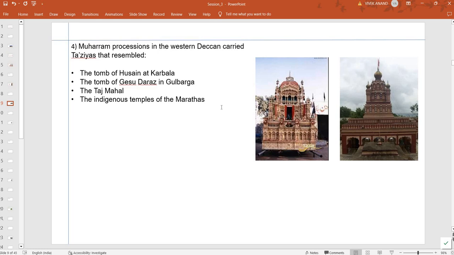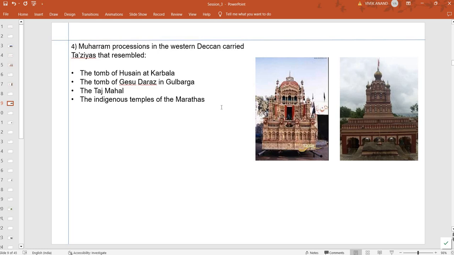If you have seen, can anyone tell what is that slight difference in tazias? Muharram processions.